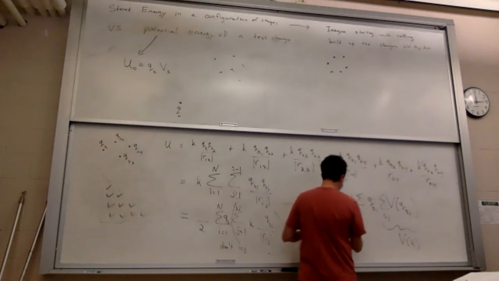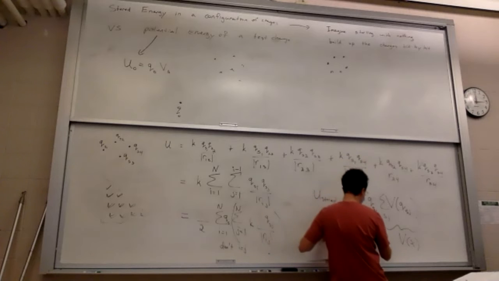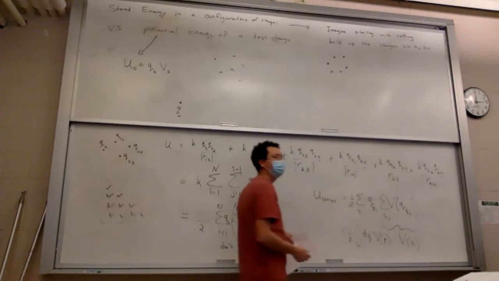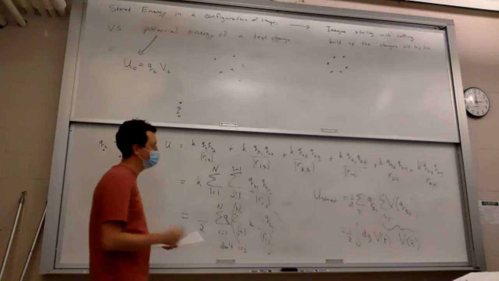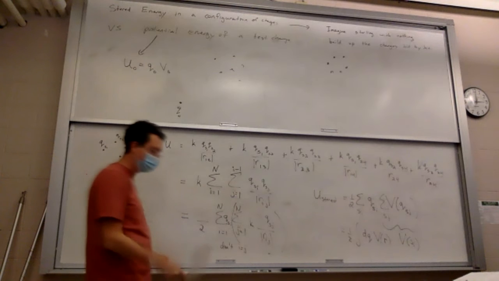And so you can think of this as 1/2, when we go to make these integrals, the integral dq V, that's what's going to end up being. Okay. When you go to integrals, that's what we're going to have.